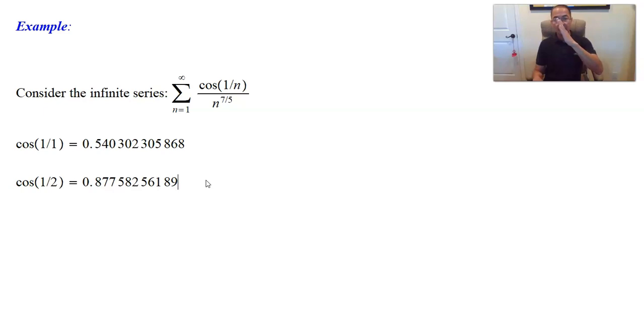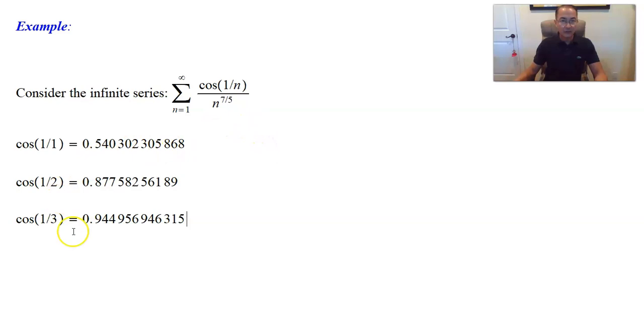1 is here, 1/2 is over here, so the cosine, the x-coordinate, is getting bigger. What about 1/3? Cosine of 1/3 is approximately 0.944. Yeah, we're getting closer to 1 because as the angle is getting smaller, the x-coordinate is getting bigger, getting closer to 1. Aha!